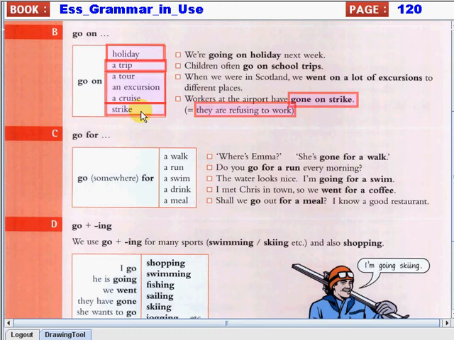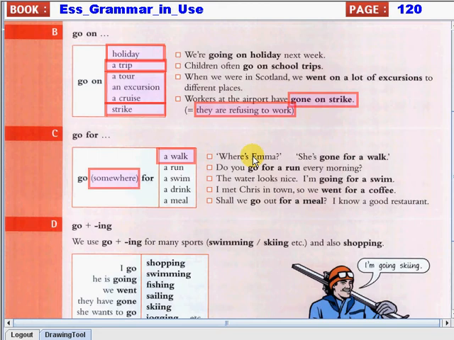Okay? Great. Now, after we've talked about the word go on, let's move on to go for. Go for is used with the following words that answer the question going somewhere. For example, go for a walk.